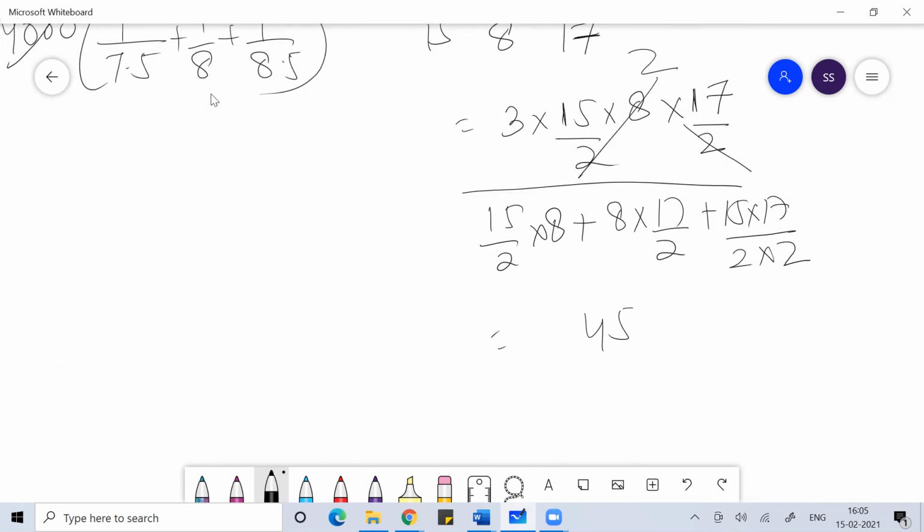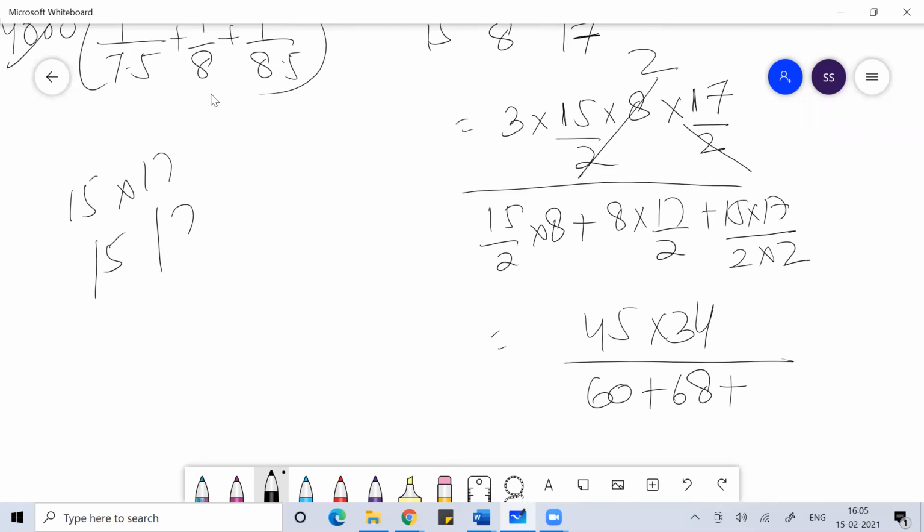So this is 45 into 34 divided by 15 fours are 60, 17 fours are 68 plus 15 into 17. First day I taught you Vedic math: 255 by 4.